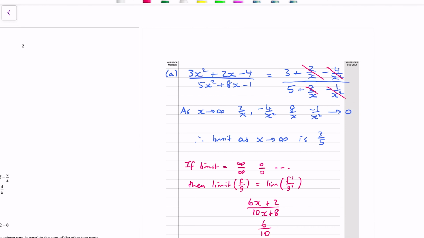But of course, L'Hopital's rule is not expected of an NCEA level 3 student. Okay, let's just take that to one side.